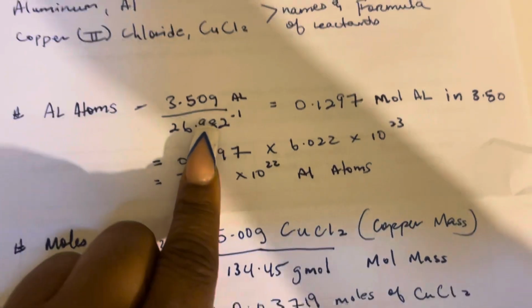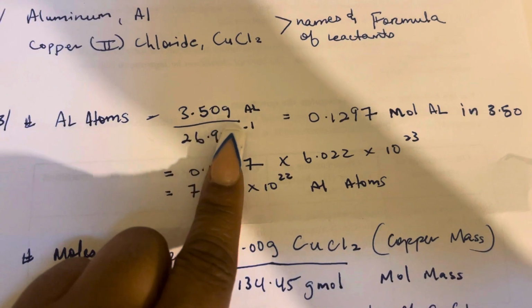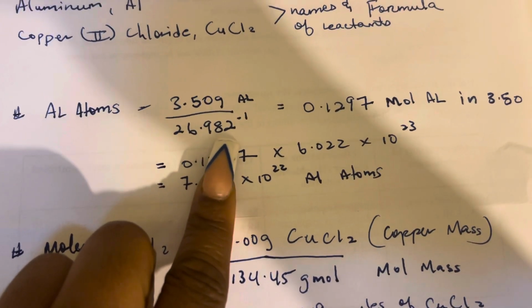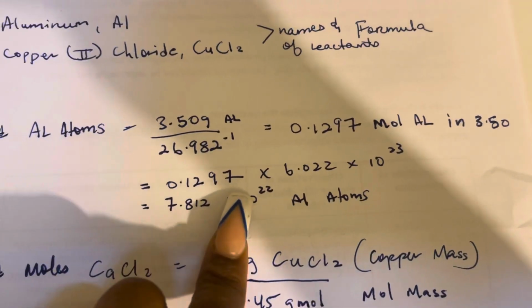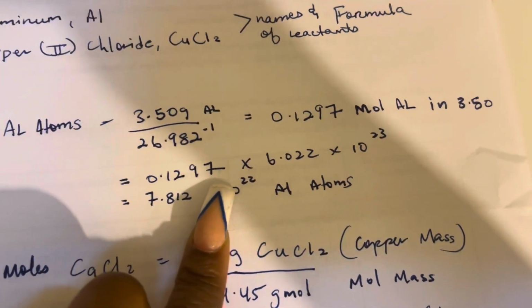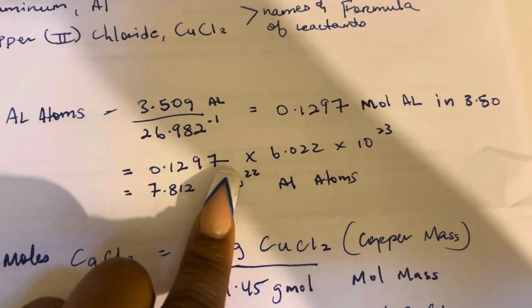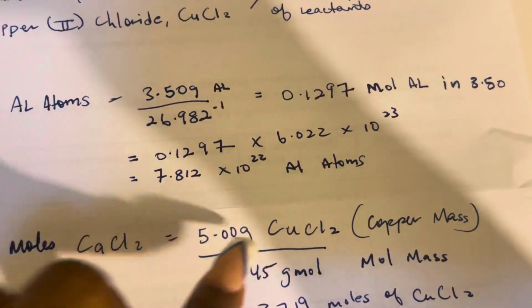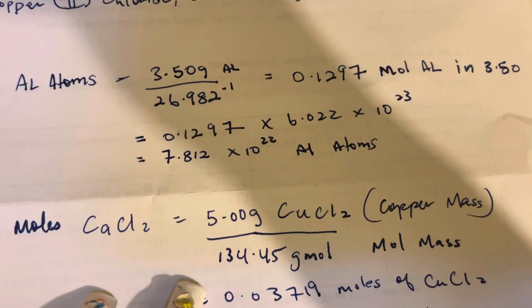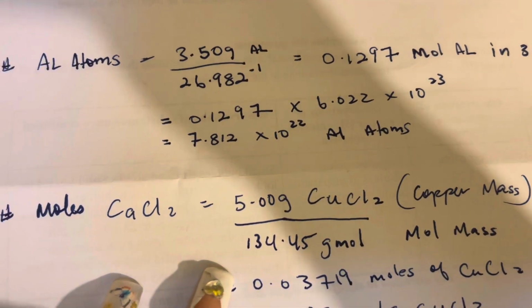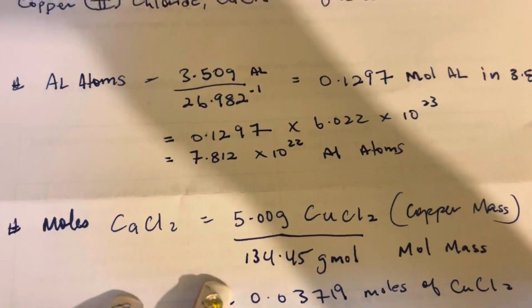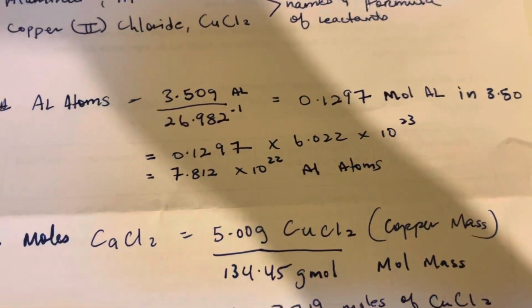So when you divide 3.50 grams by 26.982, you get the answer of 0.297, if I'm correct. And that's how many moles are in the 3.5 grams, and that gives you the answer of 7.812 by 10^22 aluminum atoms.